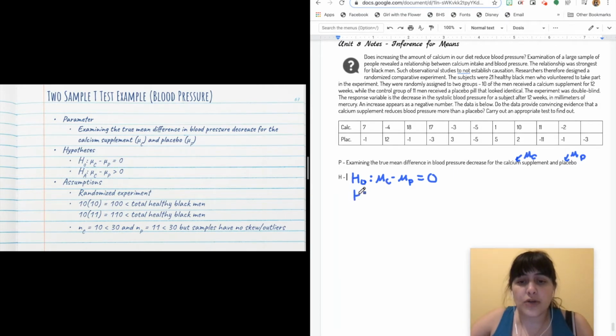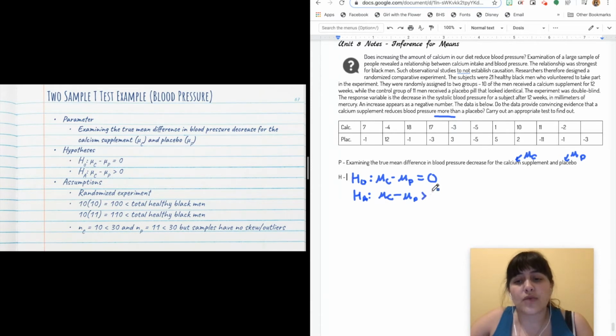So my alternate hypothesis is mu sub C minus mu sub P, and then I have to figure out, do I want to see if it's greater than 0, less than 0, or not equal to 0? If I go back up to the question, it's, do the data provide convincing evidence that a calcium supplement reduces blood pressure more than the placebo? So that means we are saying these numbers are bigger than these numbers.